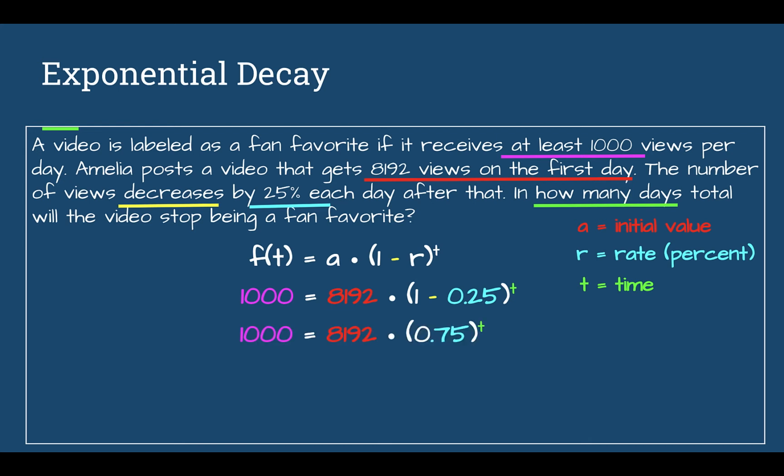We can simplify the parentheses to get a decay factor of 0.75. Now, we need to be able to solve for an exponent. And you do not know how to solve for an unknown exponent, and in fact, it is not something that you are going to learn how to do this year. So, to solve this problem, we're going to enlist the help of Desmos and figure out when our function reaches 1,000.